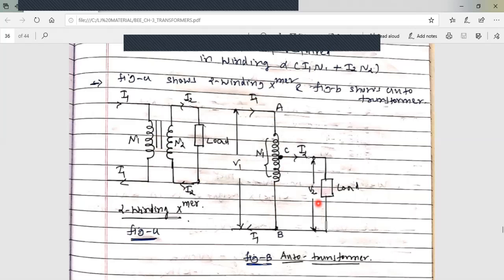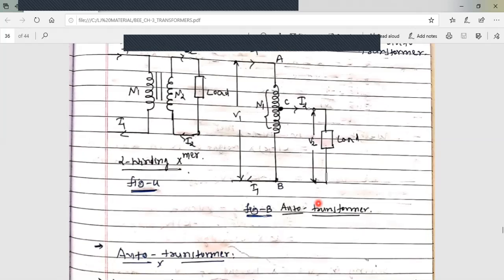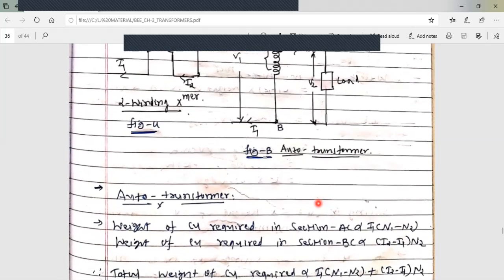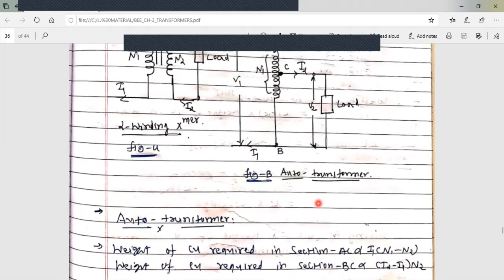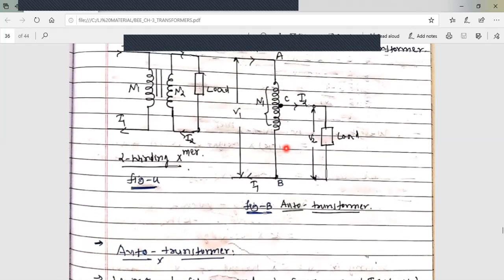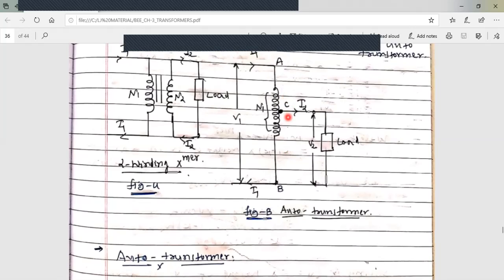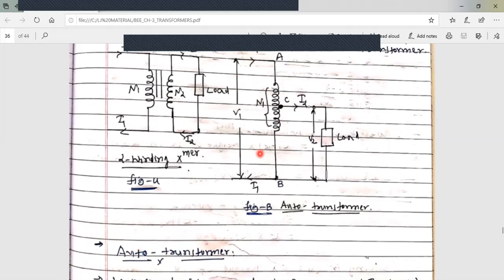Okay, here in the auto transformer, we can see that two sections are there, AC and BC. This is the AC section and this is the BC section. Total number of primary turns is N1, as we have discussed earlier.